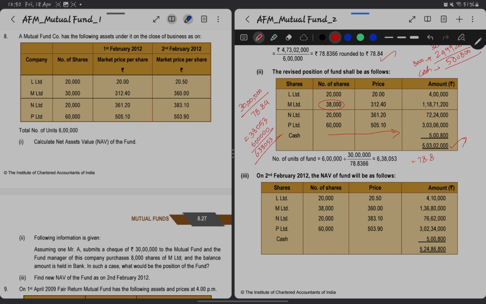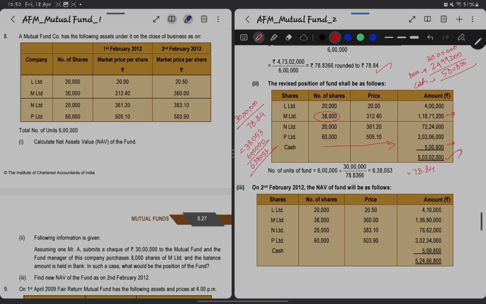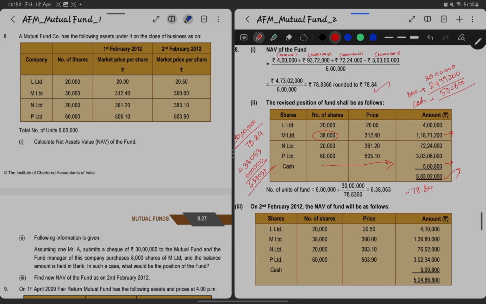It will be the same thing again, because we are taking the average of the previous number only. Here we have added the 30 lakh amount, that is 24 lakh 99,200 plus 5 lakh. So to the 4 crore 73 lakh, 30 lakh got added, and the 30 lakh we divided by the same previous NAV per unit. So obviously the revised NAV value will be the same, there is no change.